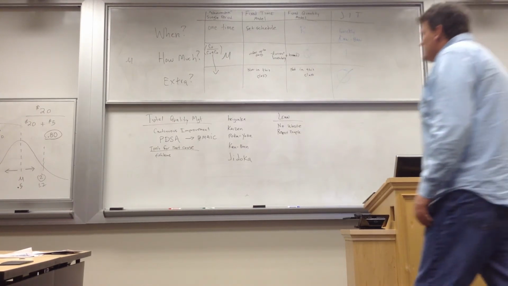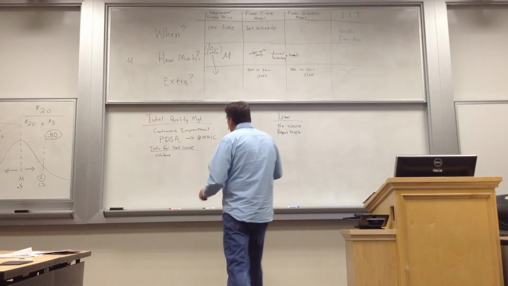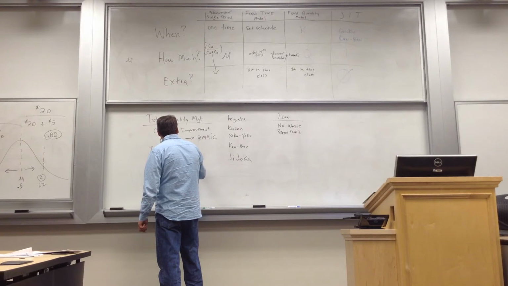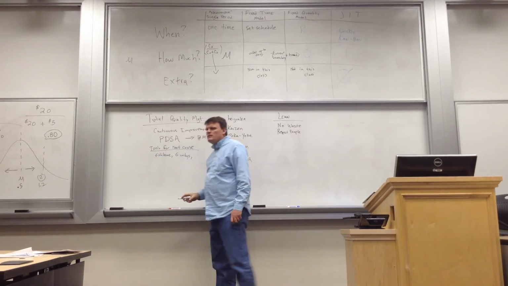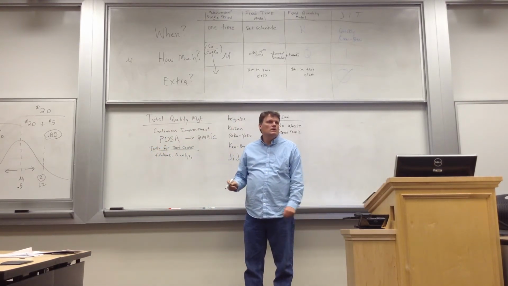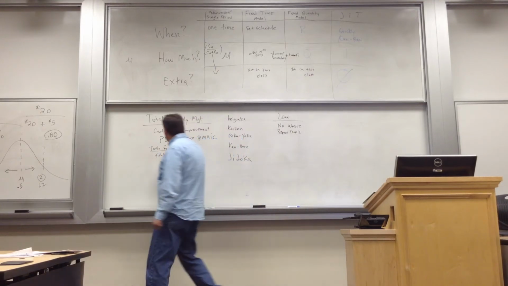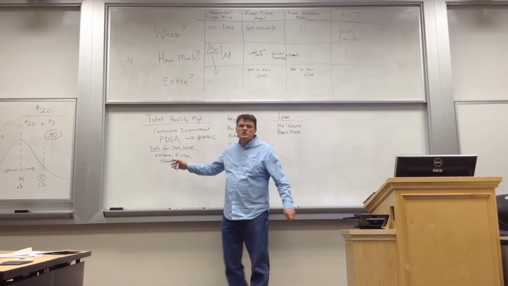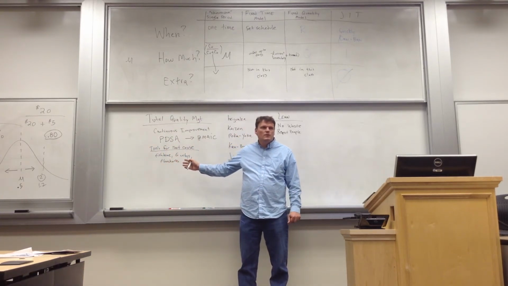Okay? So if this is about continuous improvement, we have fishbone diagrams, the 5 whys. Is that all we talked about? No. We talked about flow charting. What other tools do we have? And what are these really trying to do for us?